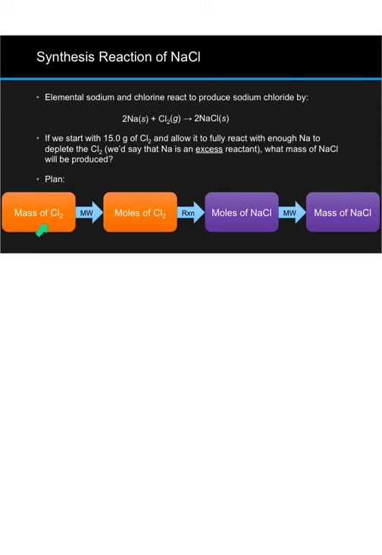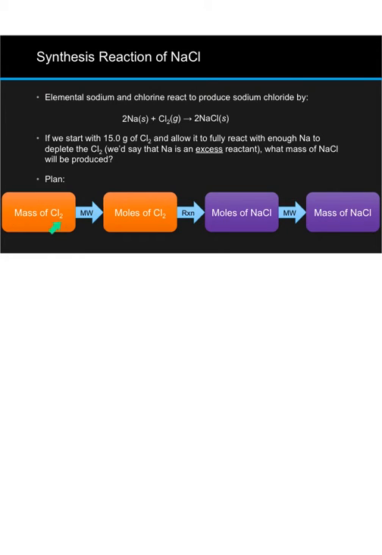So, we're starting with mass of chlorine. The best we can do from mass is convert into moles. Remember, when in doubt, convert to moles. It's only once we have moles of chlorine that we can take advantage of our chemical reaction up above. So we're going to have to take a series of 3 conversion steps.